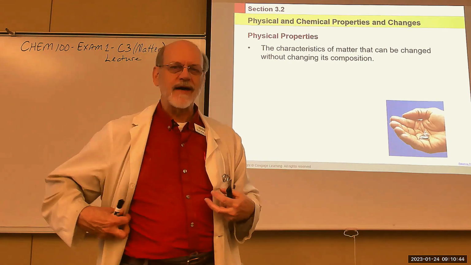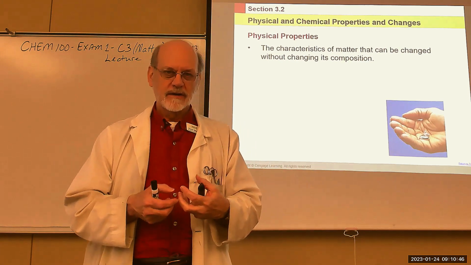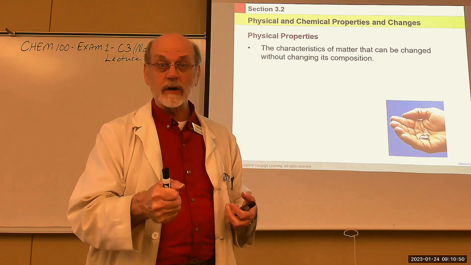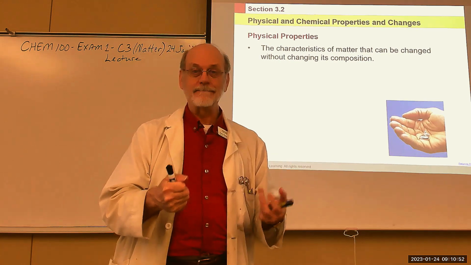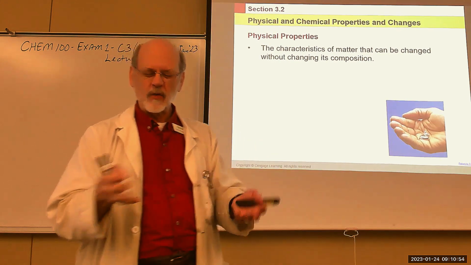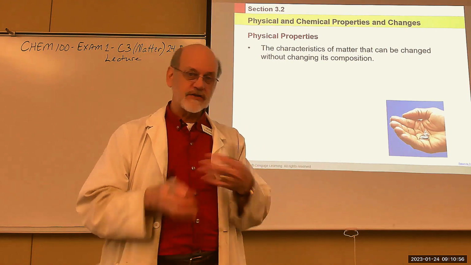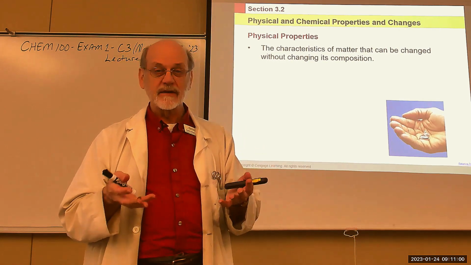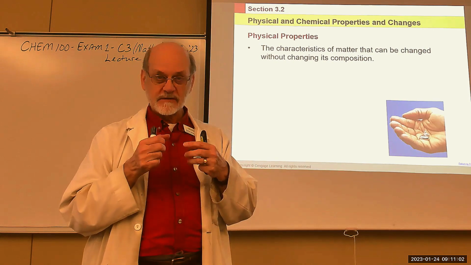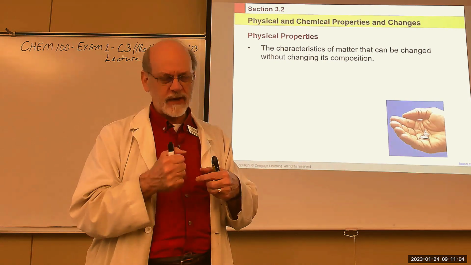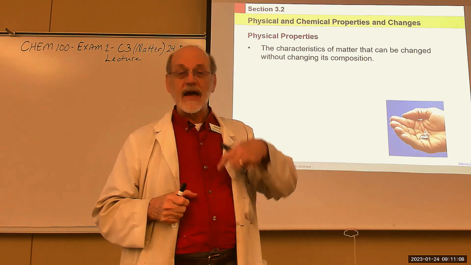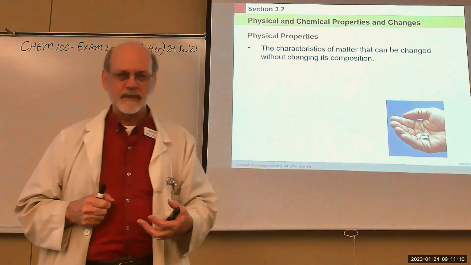When we identify matter, we say, this matter is water, for instance. If we do anything to that water that changes its state or anything about it, except its identity, it's still water no matter what we do to it, that's a physical property. It's identified as a characteristic.